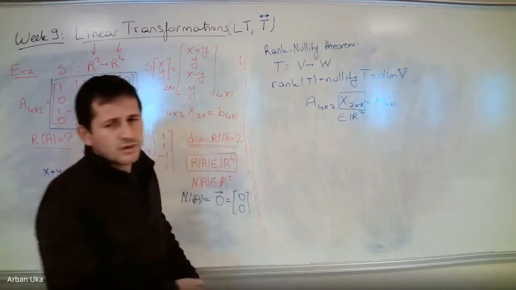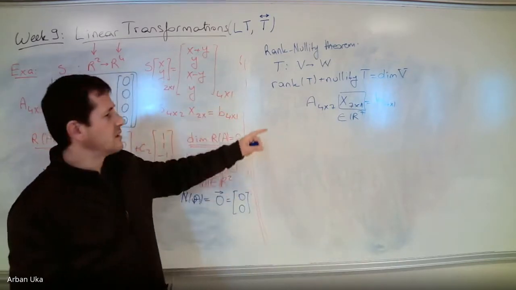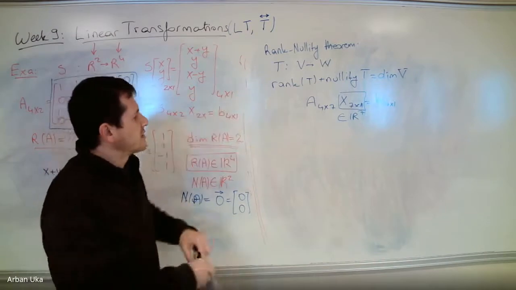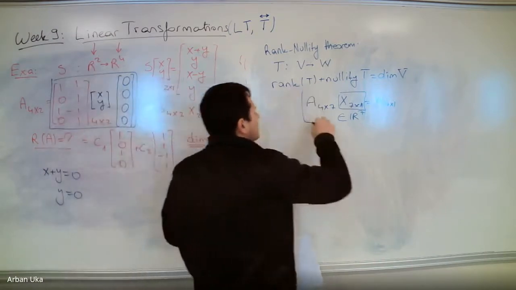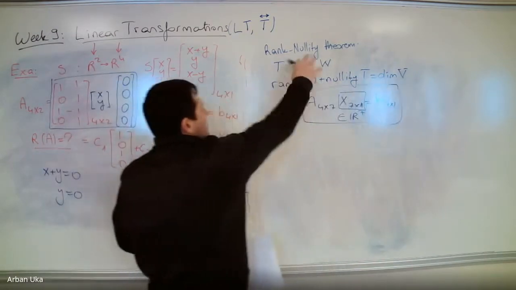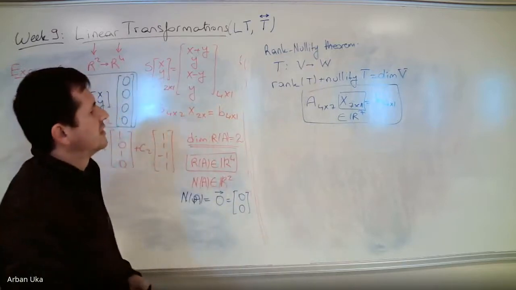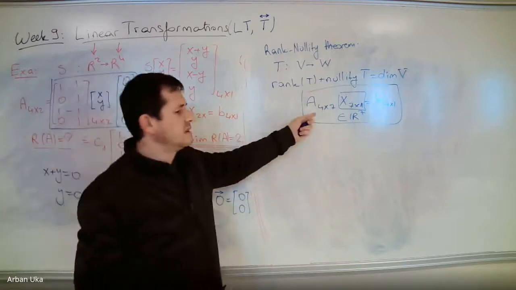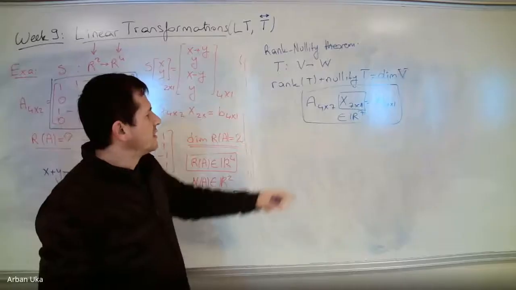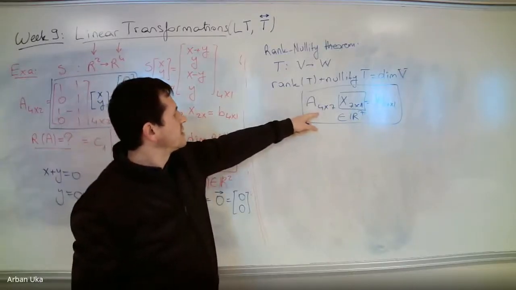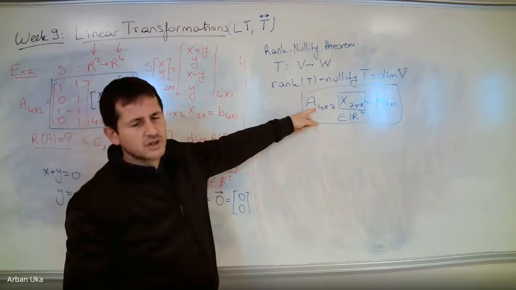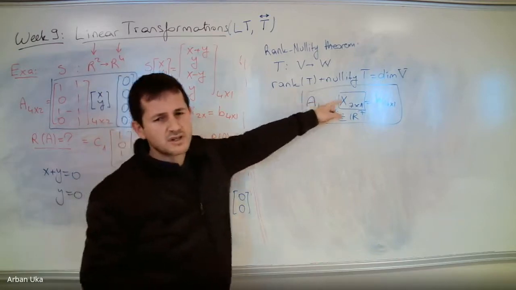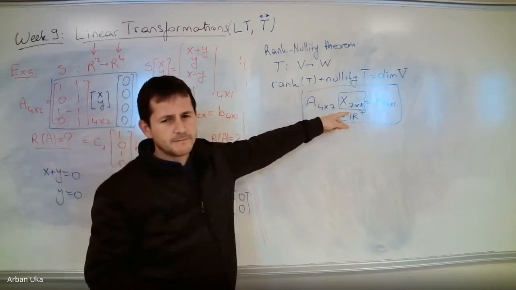What is the dimension of V? Can somebody answer this? This is just a representative example. Try to understand the general expression here. What is the dimension of V here for this example? 4. V is the space over which the linear transformation is applied, so it is 7.